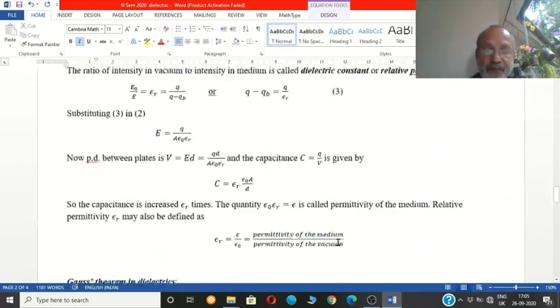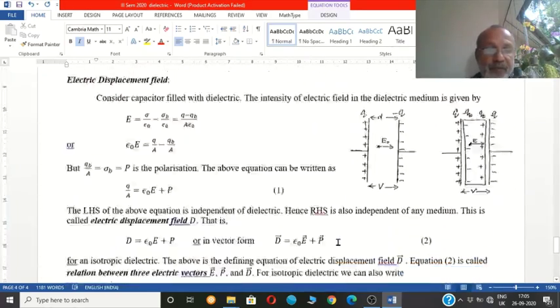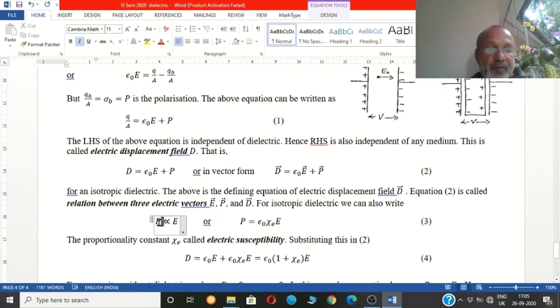So this dipole moment per unit volume is proportional to E, and that proportionality constant may be taken in this way. For convenience, it is written as epsilon 0 into chi E. Epsilon 0 is included here for convenience in the next equation.